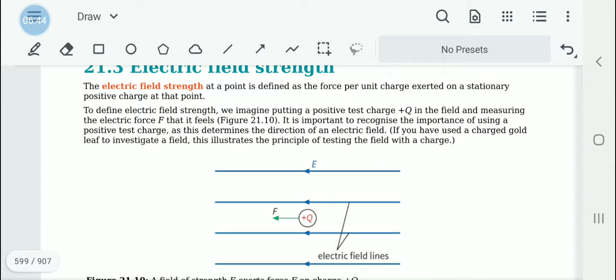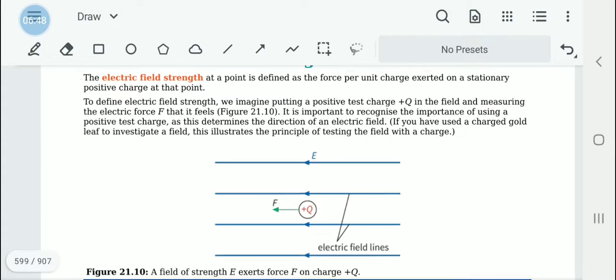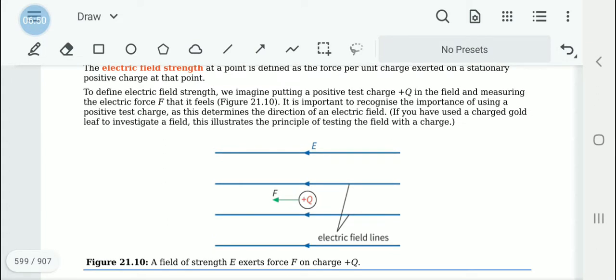So then we imagine putting a positive test charge plus Q on a field and measuring the electric force that it feels. So here in this diagram we can see the positive Q charge in the field. So the force that it feels is what we are trying to measure.